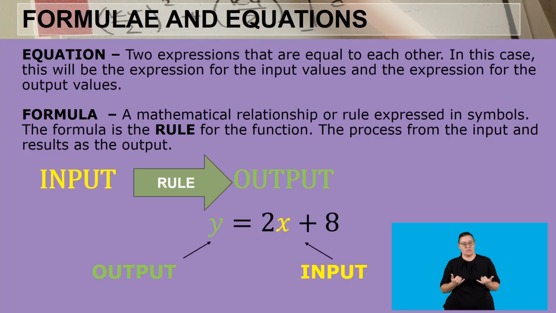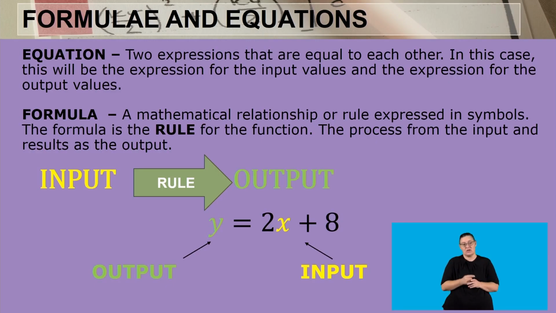So now, we have an equation. Just to remind you, those are 2 expressions that are equal to each other. In this case, this will be the expression for the input values and the expression for the output values. Then the formula is a mathematical relationship or a rule expressed in symbols. So the formula is the rule for the function.